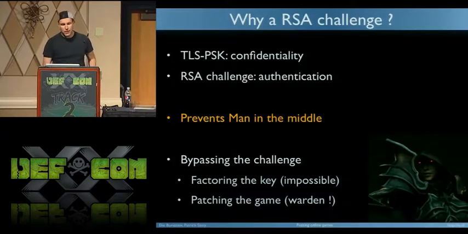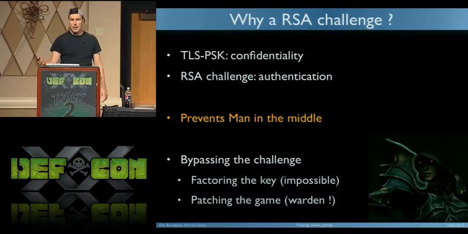So why an RSA challenge? TLS-PSK is basically using SSL with a pre-shared key, which is the one you exchanged during the SRP6 challenge, and it should be perfectly fine for us because I know my password, so I can recreate the SRP6 challenge in my interception mechanism. So there is no way for Blizzard to know that it's an end-to-end connection, so they use an RSA challenge.